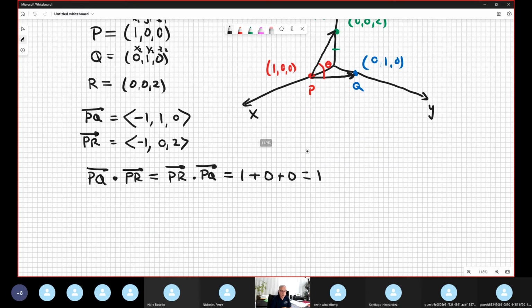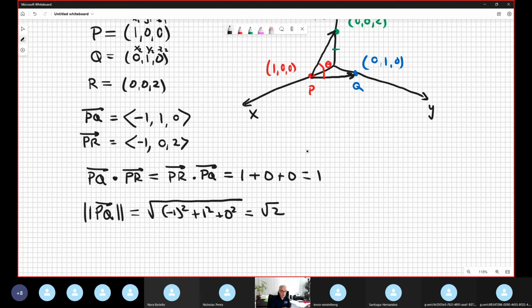You determine the magnitude of PQ vector, which is square root of -1 squared plus 1 squared plus 0 squared. It's obvious that it's radical 2, because -1 squared is 1, 1 plus 1 is 2, 0 is nothing.